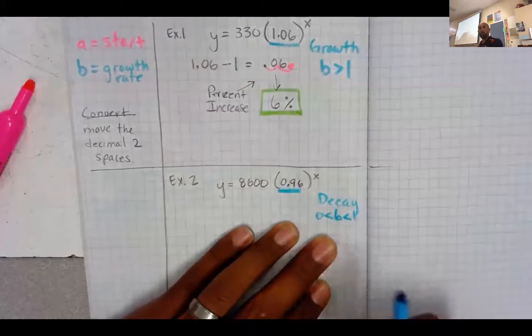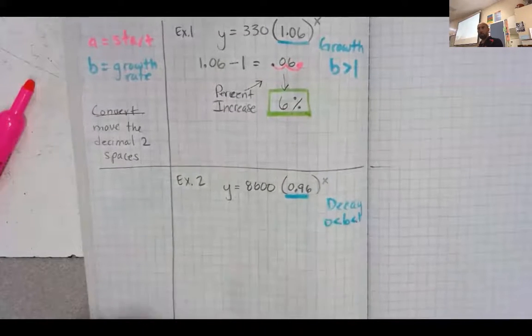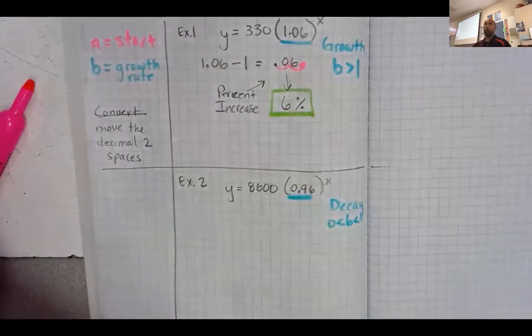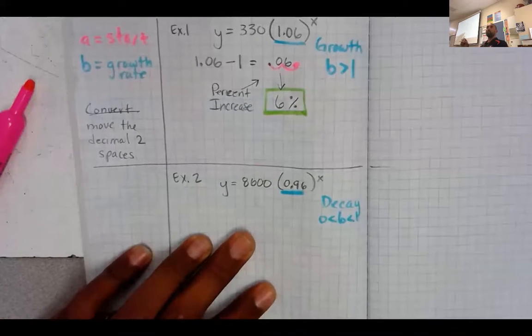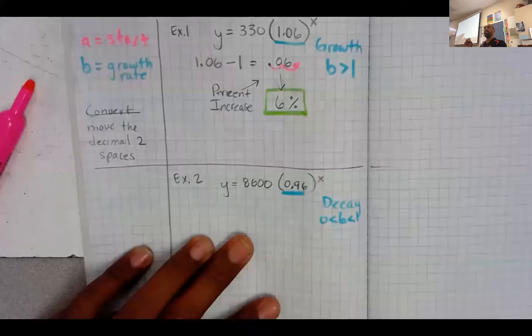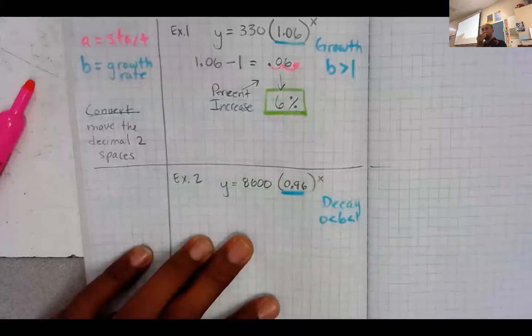That's why I put the B in the middle, because it's less than 1, but greater than 0. Now, because this is a decrease, remember that what you're doing when you're looking for that B value is you're trying to figure out how far away is it from 1?